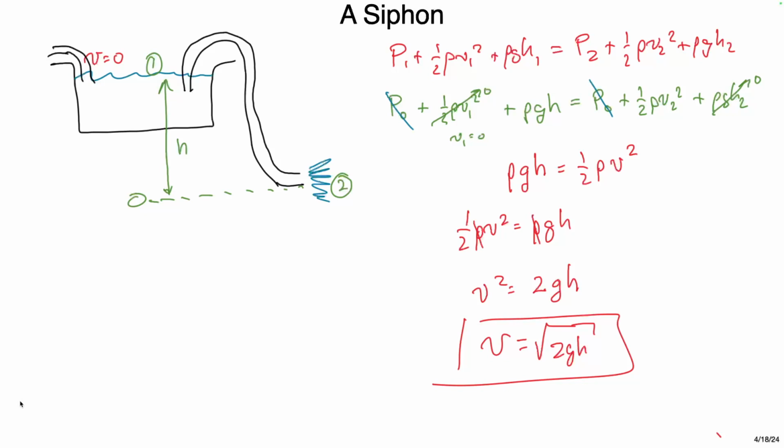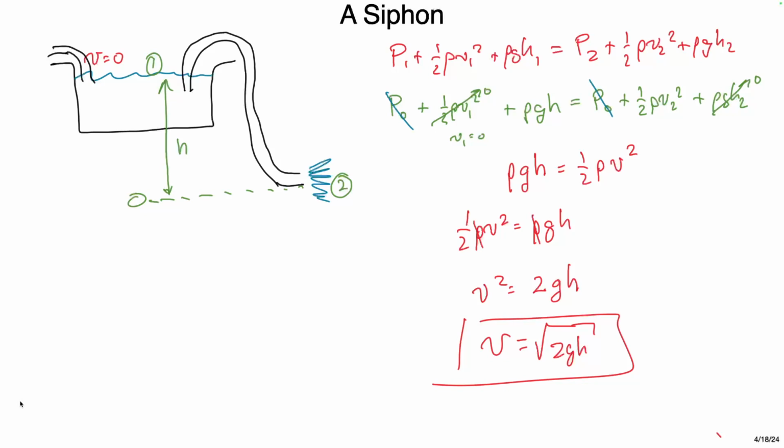If the height is 0 between the water level and the end of the siphon, if your inclined plane is flat, there's going to be no velocity. But if you tilt it, if you give the water a difference in height to flow through, there can be really only one answer for how fast it's going to flow, and that is the square root of 2GH.